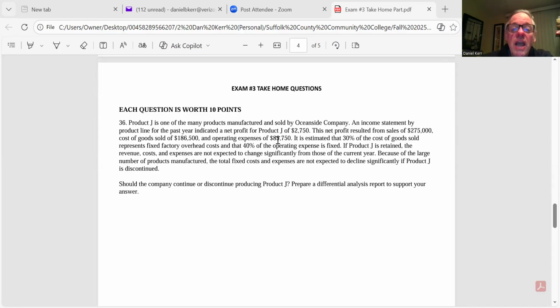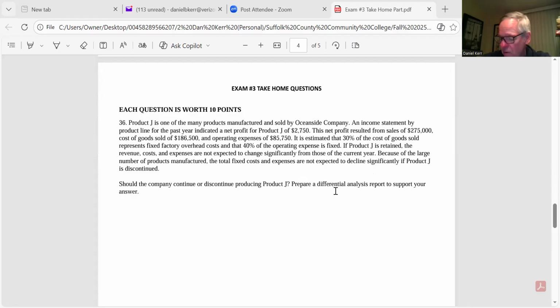And they show that they have a net profit for product J of $2,750. The net profit resulted from various revenues and costs. It is estimated that if product J is retained, the revenues, costs and all sorts of information are given, but because of the large number of products manufactured, the total fixed costs are not expected to change. So here's the question. Should we continue producing product J, or should we consider discontinuing product J? So I want a differential analysis here to support your conclusion.